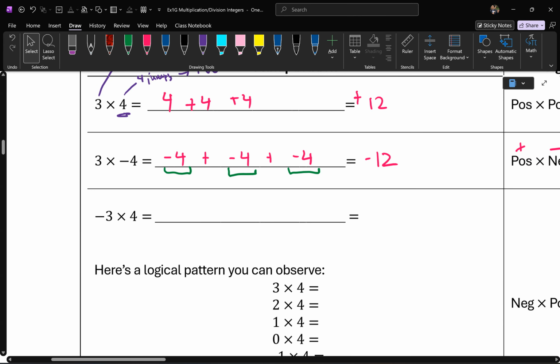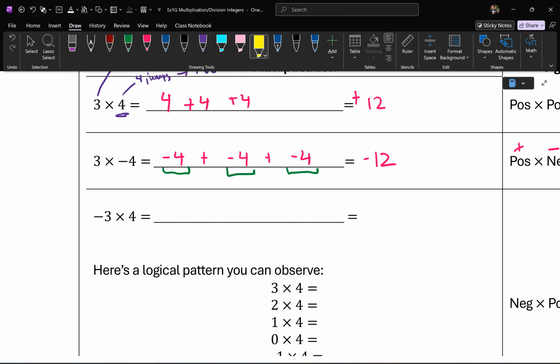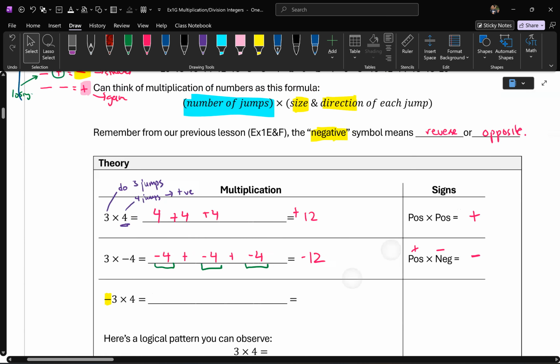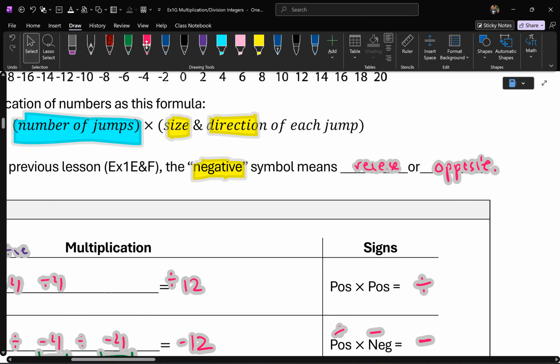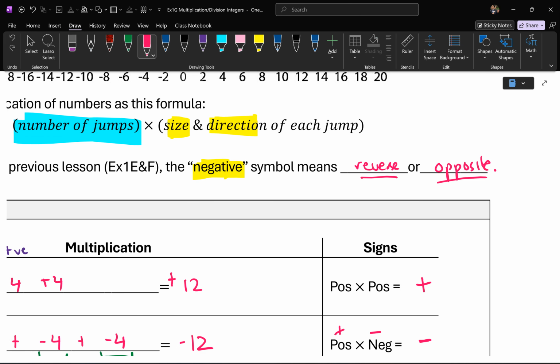All right, here we go. So negative 3 times 4. What does negative 3 times 4 mean? Now, remember, a way to understand the negative is that it just means reverse or opposite. Think about 4 steps to the right. If that's positive, then negative 4 just means go the other direction.